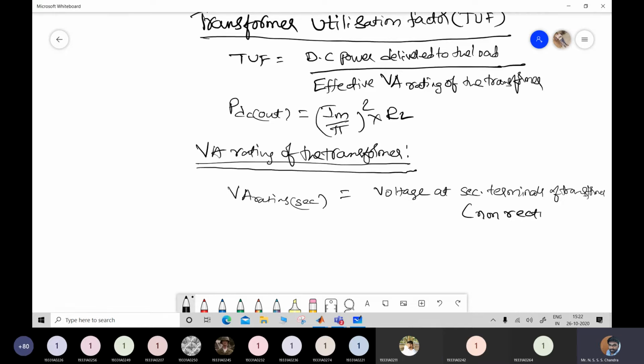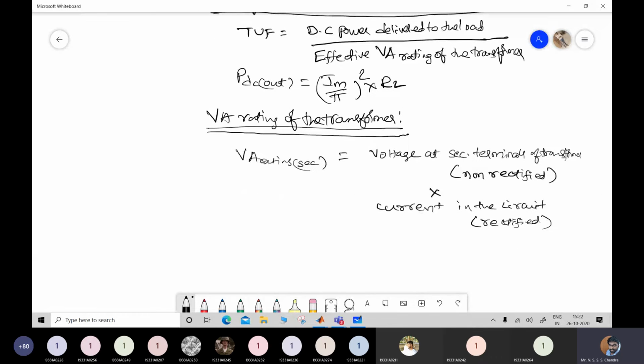So it is non-rectified voltage into current. So what's the current in the circuit? It's a rectified current, because all the three elements are in series only, so there's only one current, which is a rectified current.